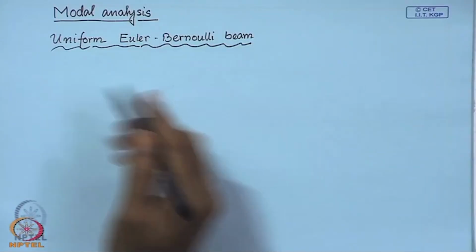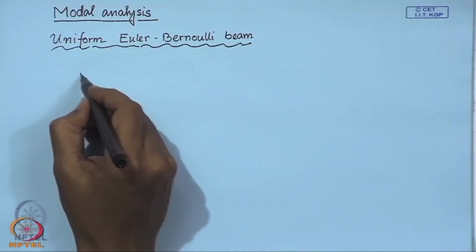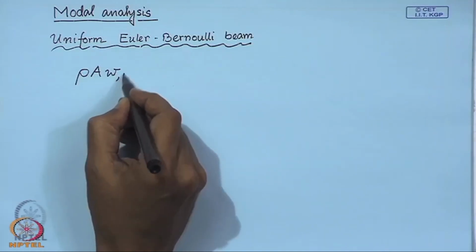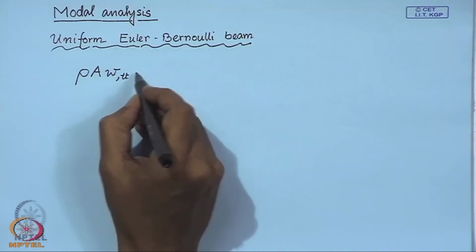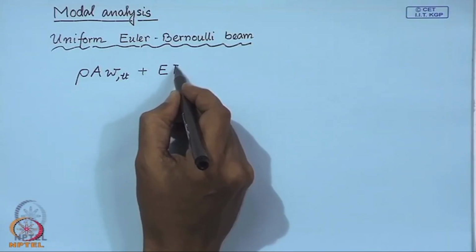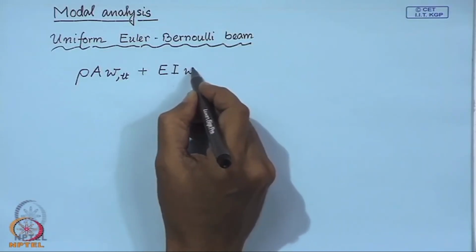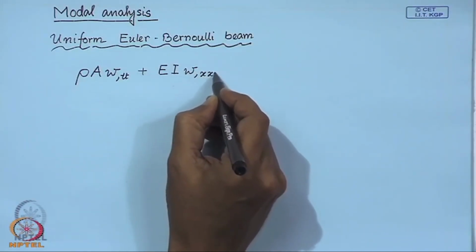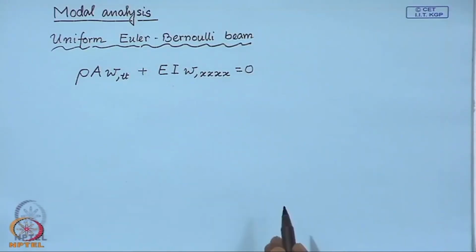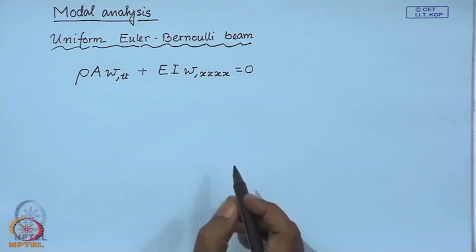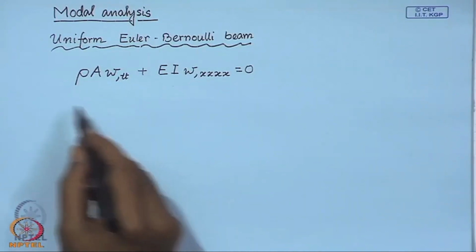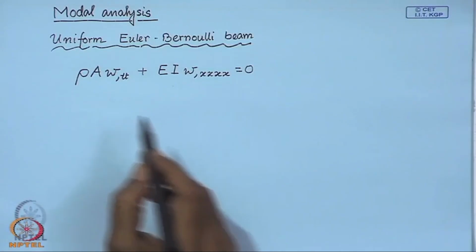As you know, the uniform Euler-Bernoulli beam is governed by a differential equation like this, and along with this we will have boundary conditions.